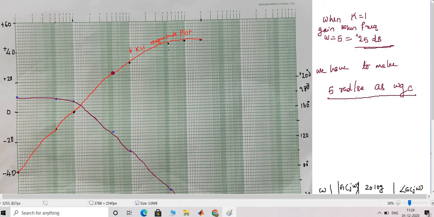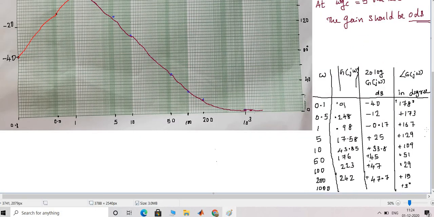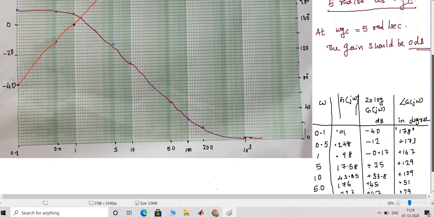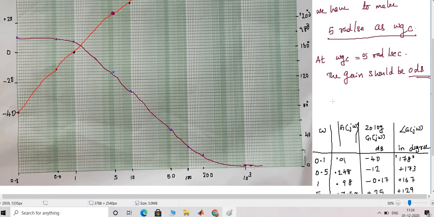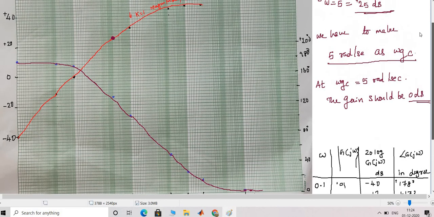So that means in order to make 5 radian per second as omega gc, at omega gc, that is at 5 radian per second, the gain should be 0 dB. So what you have to do is redraw the plot.